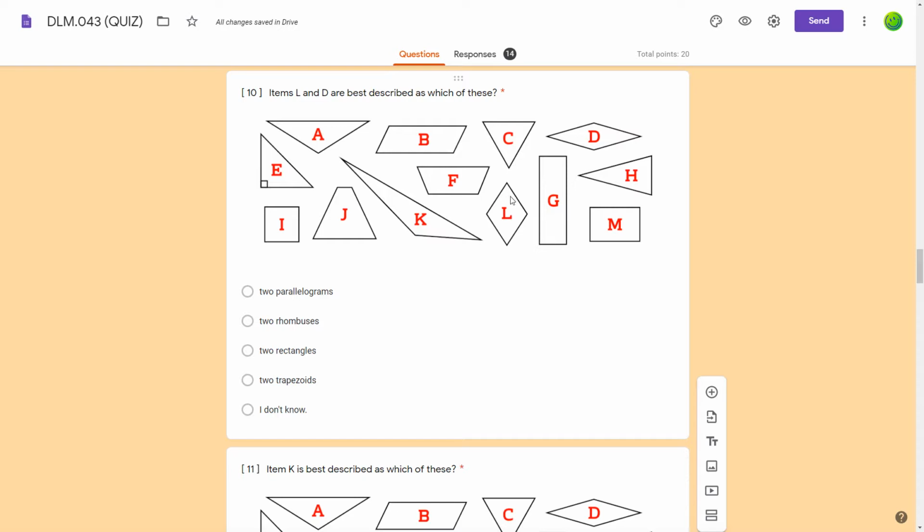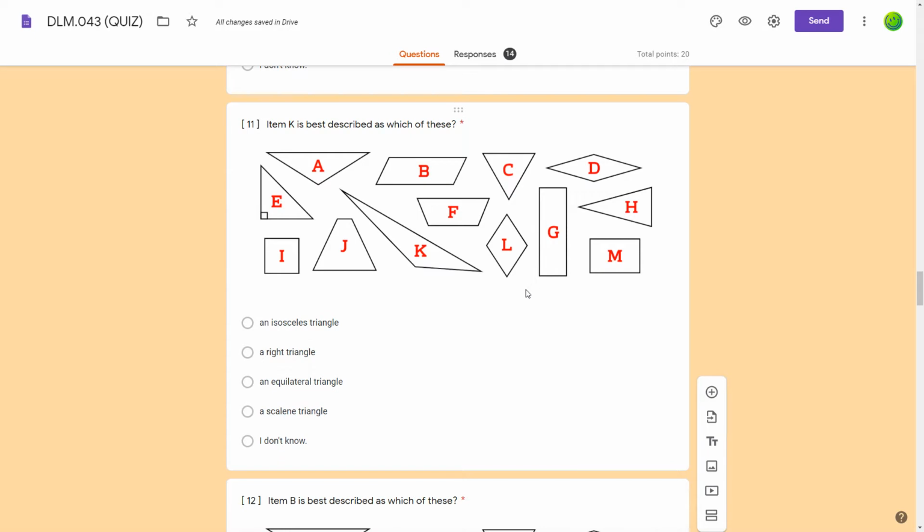So if all 4 sides were the same, like a square, and they were right angles, then it would be a square. But they're not. Think of a rhombus like a squished square, like a flattened square. So those are rhombuses. L and D are both rhombuses.